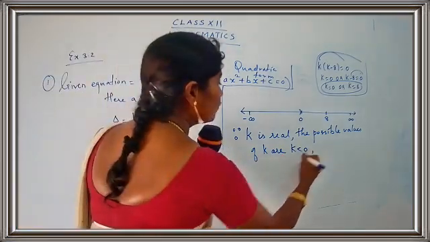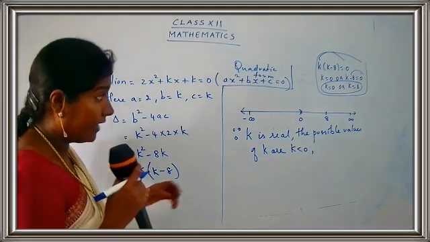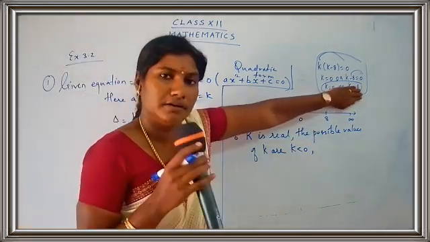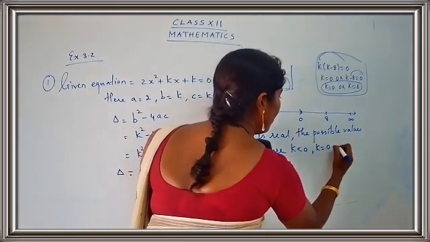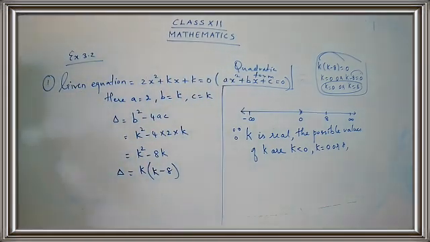Okay. Let us go for the next case. What will be the next case, children? You can take the value 0 or 8. I am going to write down k is equal to 0 or 8. This will be the second case. The first case we have taken is k less than 0, and the second case we are going to consider is k is equal to 0 or 8.